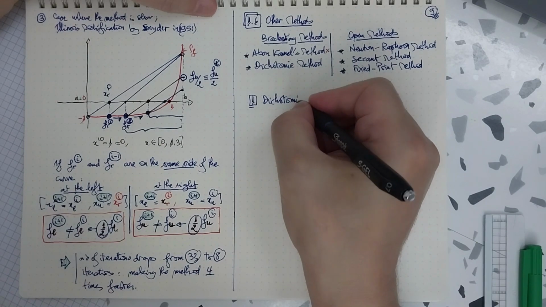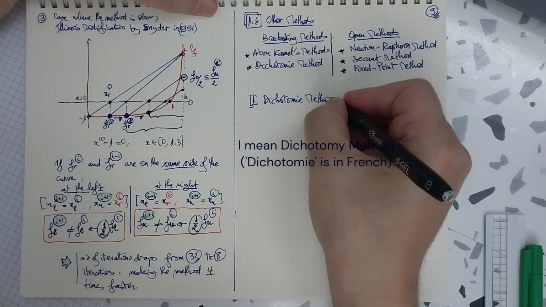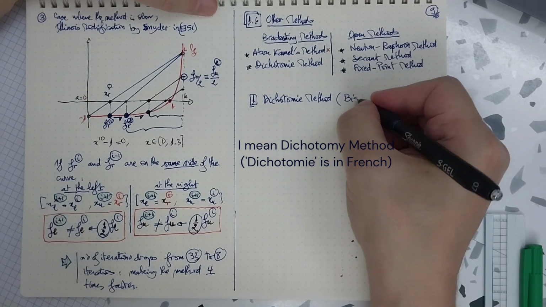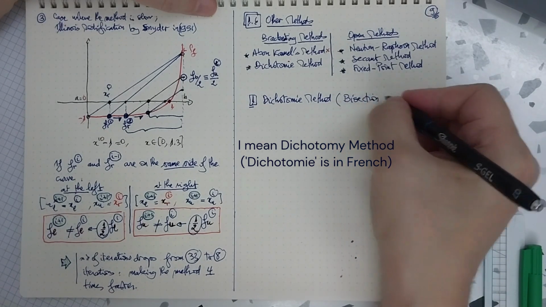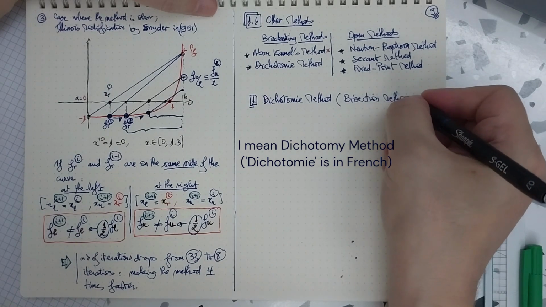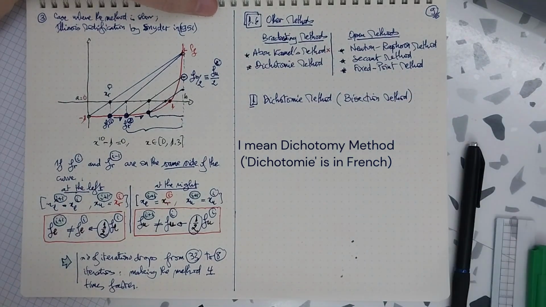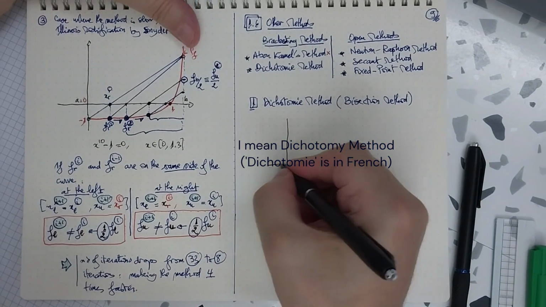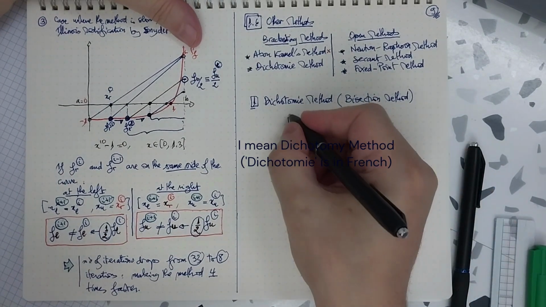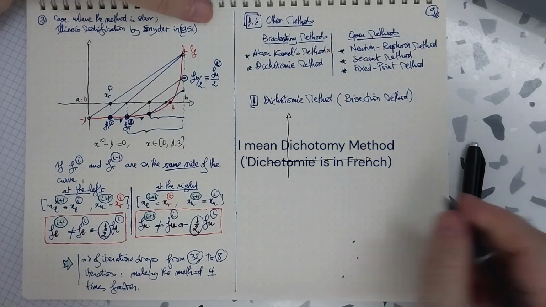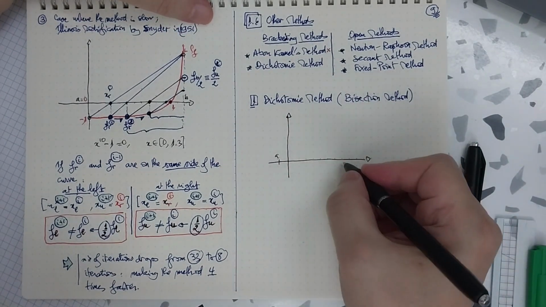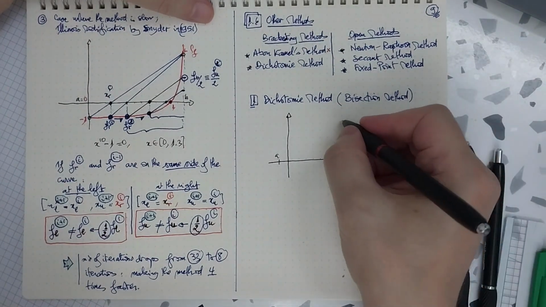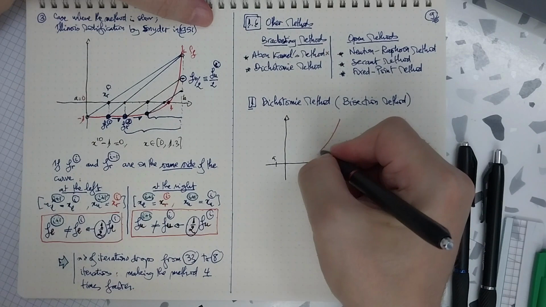Dichotomy method, also called bisection method. So let's draw the axis. Let's choose an interval, and let's draw the curve of our function representing the equation.